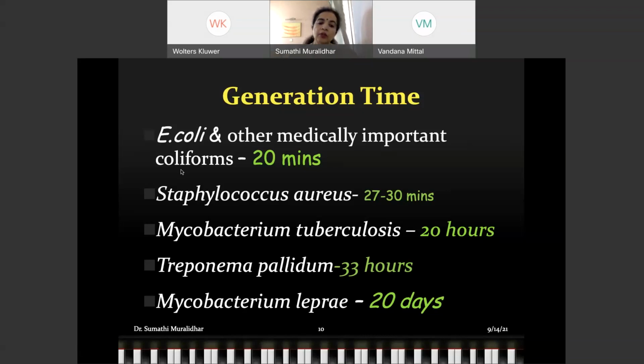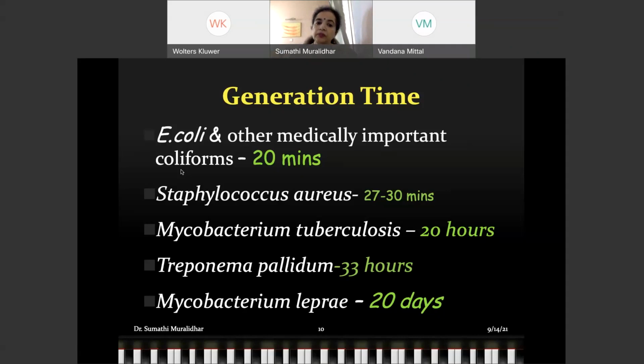And the leprosy-causing bacterium, Mycobacterium leprae, takes about 20 days. Mind you, this is not in minutes or hours, it's 20 days. So you have bacteria which double their population in about 20 minutes, 20 hours, 20 days. So why is it important to know this?